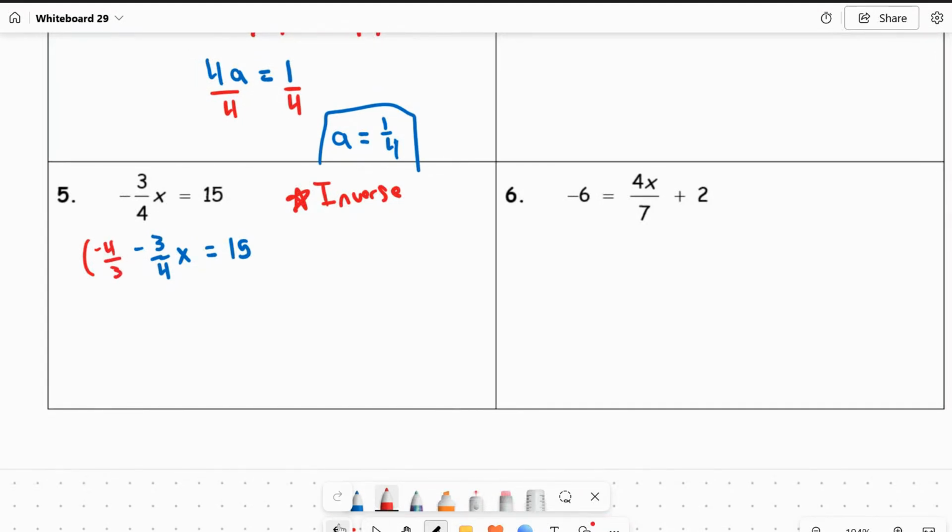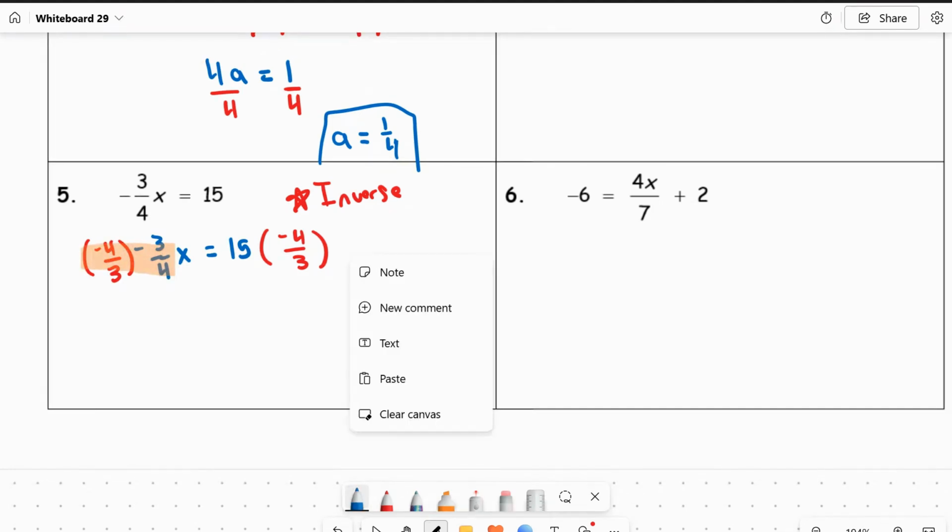negative 4/3, and negative 4/3. So by doing this, essentially, our fractions cancel each other out, resulting in 1. So on my left side, I am left with just x equals 15 times negative 4 thirds.